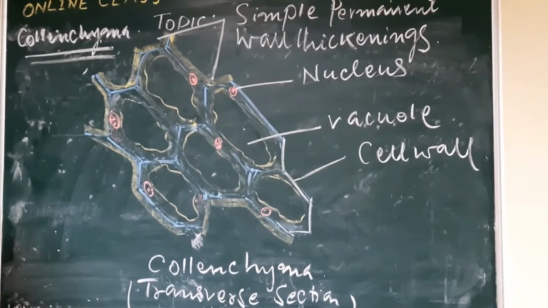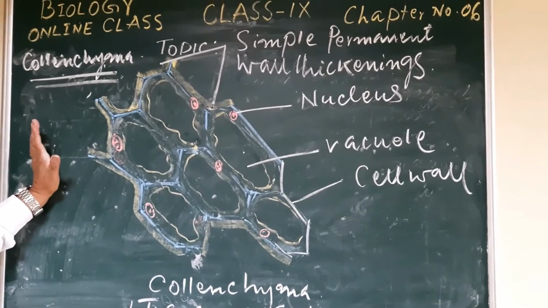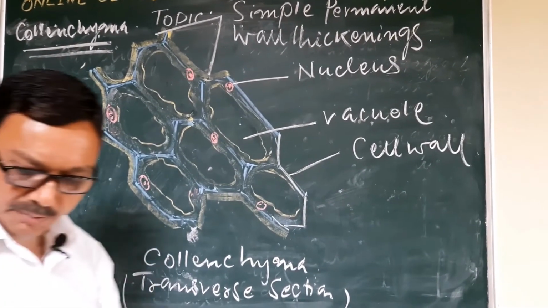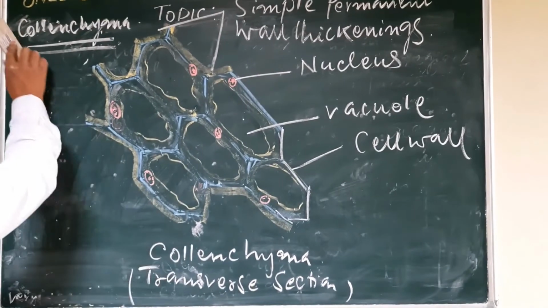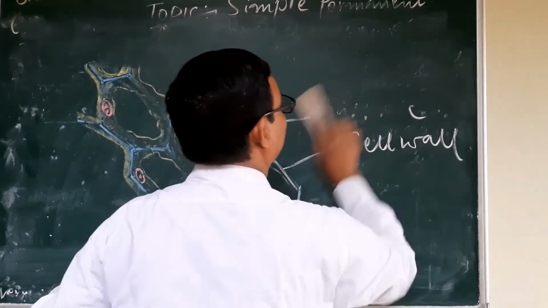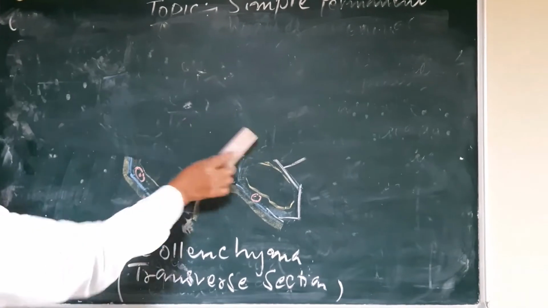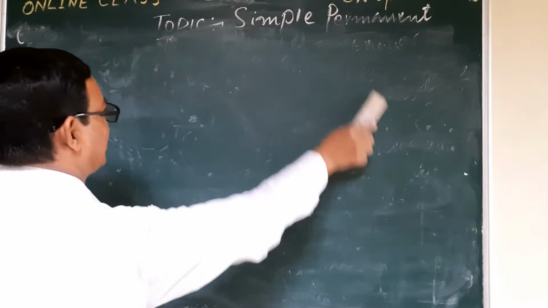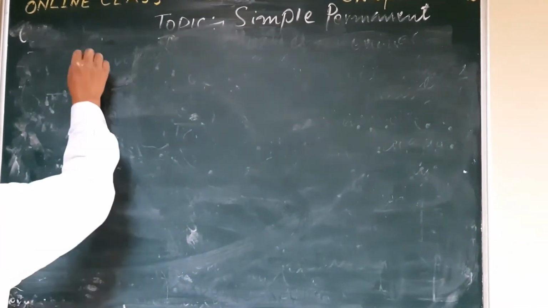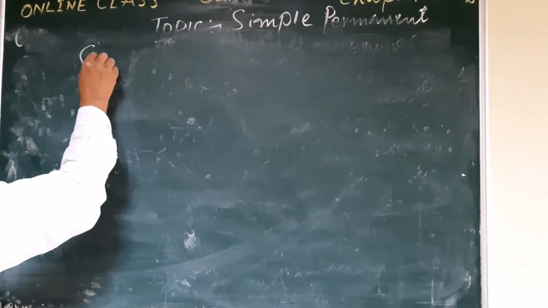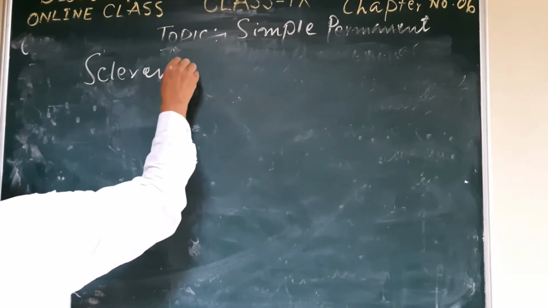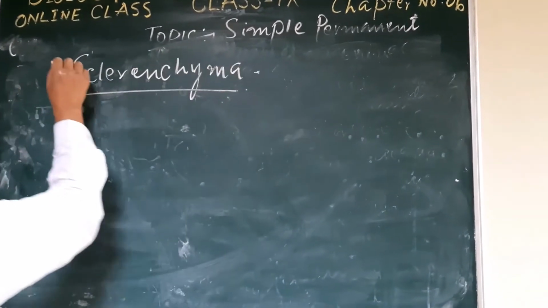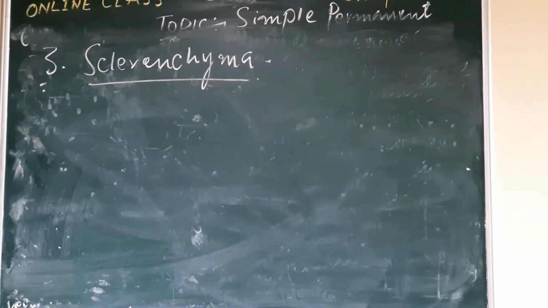Now after this, the third important type of simple permanent tissue is the Sclerenchyma tissue. Sclerenchyma is the only simple permanent tissue composed of dead cells. This is the third type of simple permanent tissue, and its cells are dead.